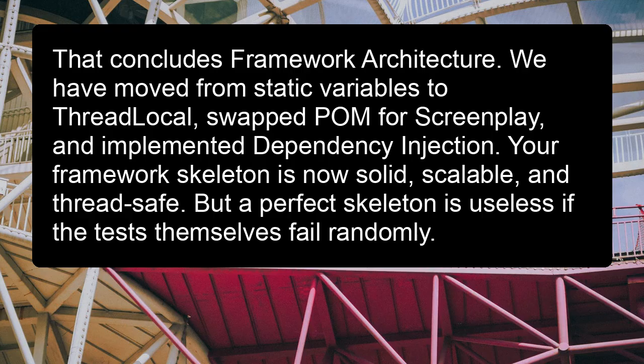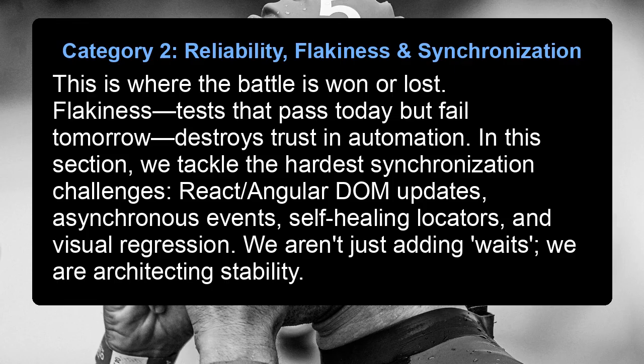That concludes framework architecture. We have moved from static variables to ThreadLocal, swapped POM for Screenplay, and implemented dependency injection. Your framework skeleton is now solid, scalable, and thread-safe. But a perfect skeleton is useless if the tests themselves fail randomly. Category 2, reliability, flakiness, and synchronization.